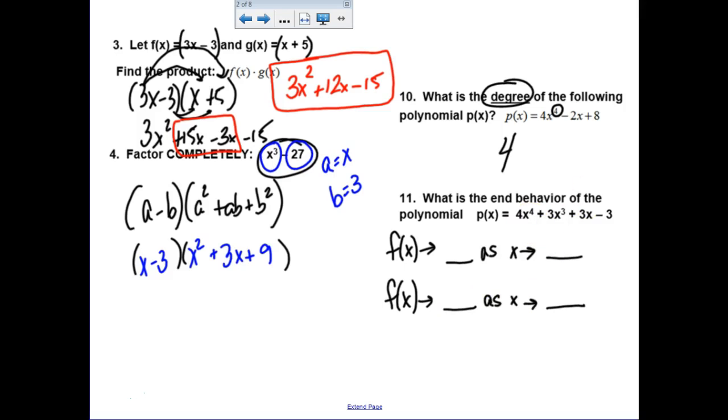We know that end behavior is always referring to the left and the right end behavior. So when I graph this on my calculator, if I realize it's an even power with a positive coefficient, the ends are going to do this. They're both going to go up.